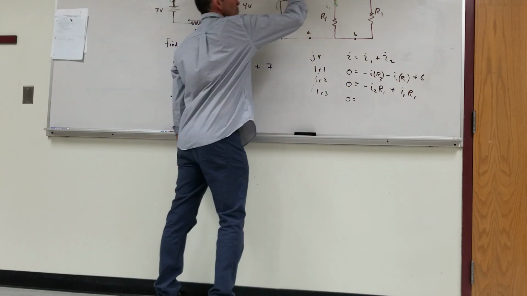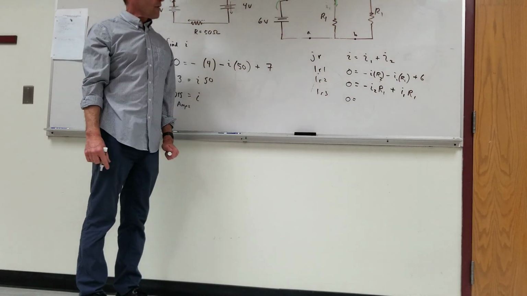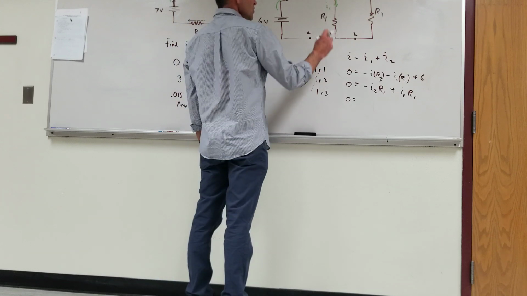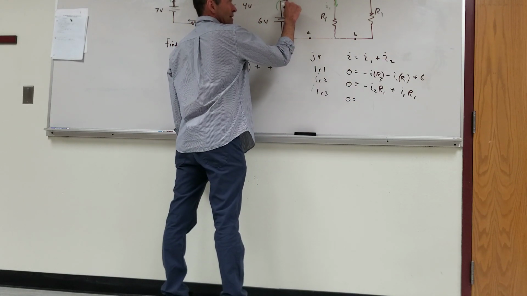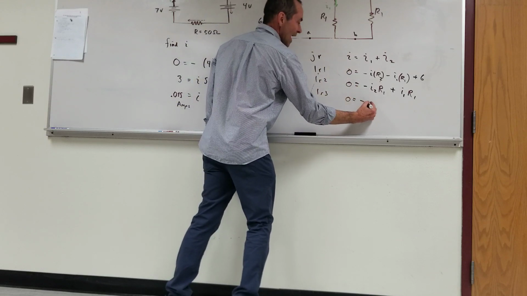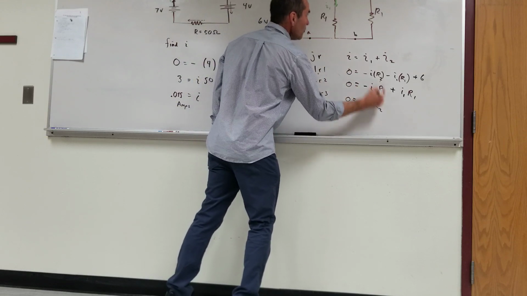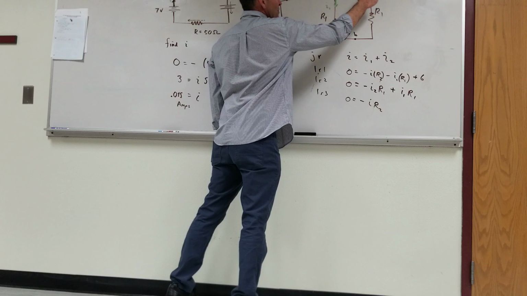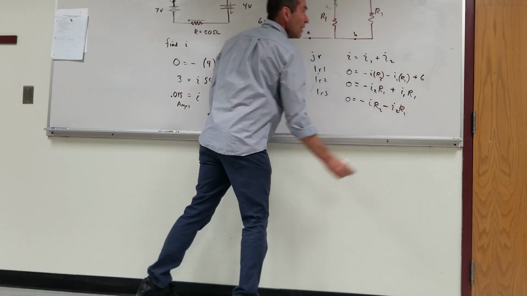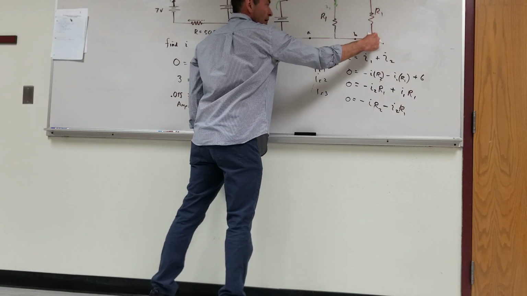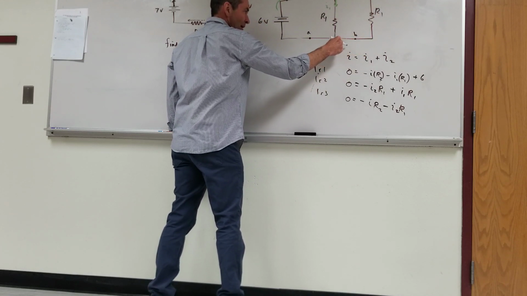And then my last loop could be the whole big one going all the way around. So let's see. At this first one here, I'll start at this point again. So I'll have a minus I R2 going this way in the big loop, minus I2 R1. Continuing on, metal, metal, metal, metal, metal.